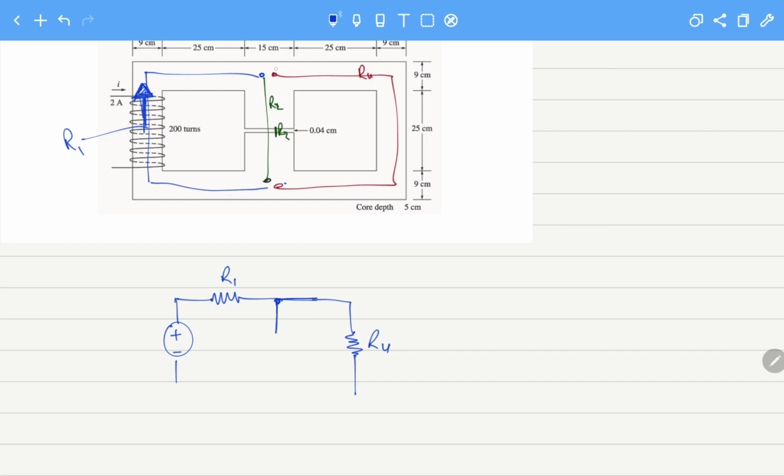And in the center leg, we have two reluctances, R2 and R3. R3 is from the air gap, R2 is the core. So this is actually a little bit complex electrical circuit that you have solved recently. Now it is simply in the form of magnetic circuits, but the rules are the same.